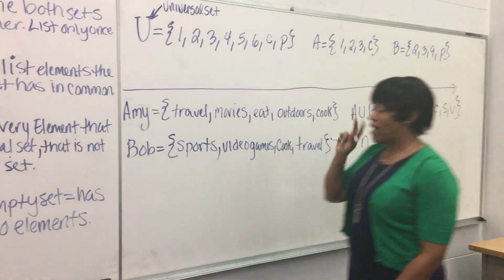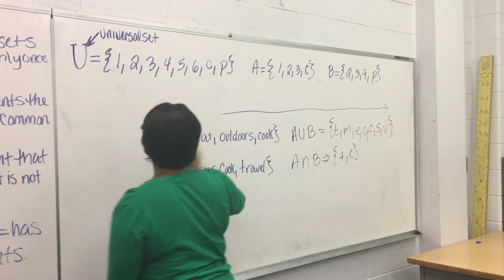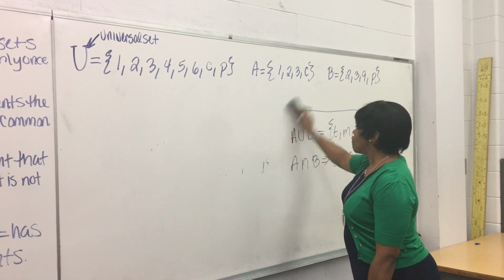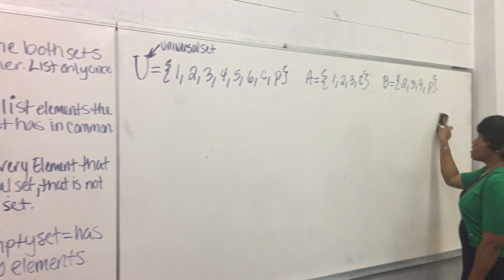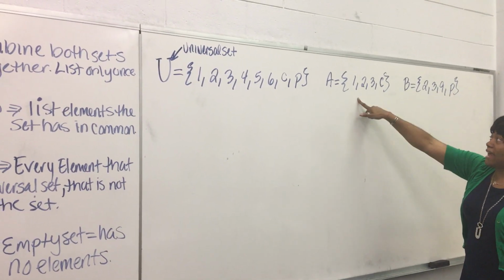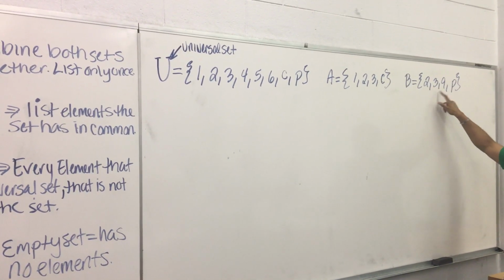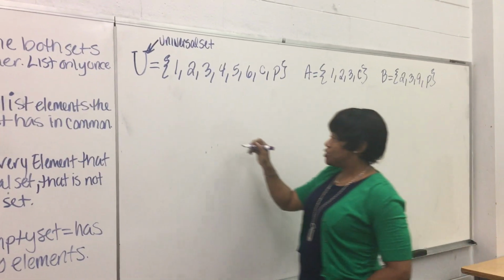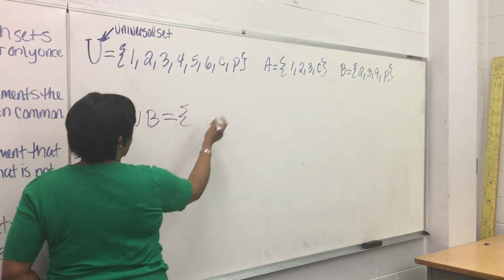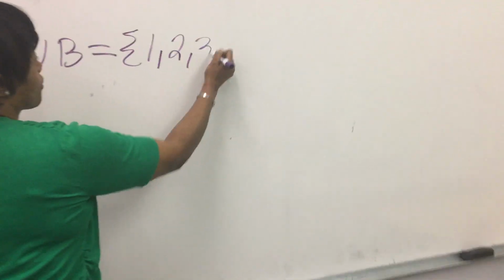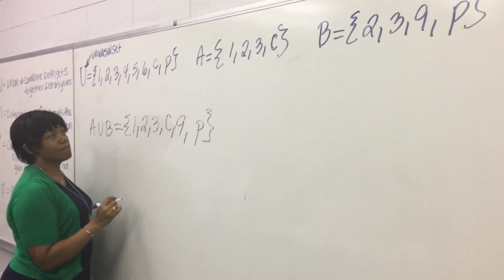Now, if I go to a for real example, we have this universal set 1, 2, 3, 4, 5, 6, C, P. Again, the universal set is the big set that is listing all of the elements of this possible set. Then we have a miniature set called set A, which is 1, 2, 3, and C. Then we have set B, which is 2, 3, 9, P. If I want to do A union B, then we would do just 1, 2, 3, C, 9, and P. Okay?